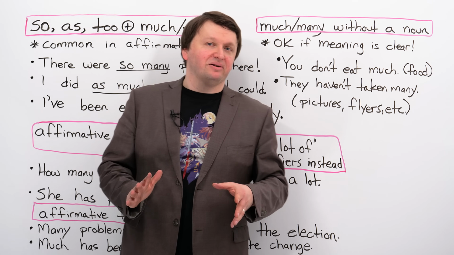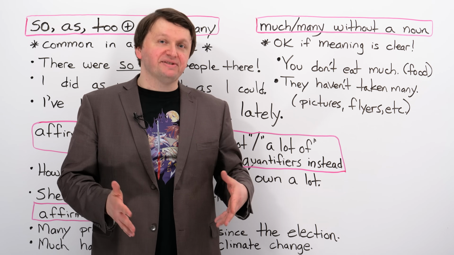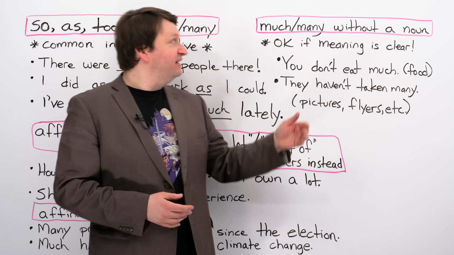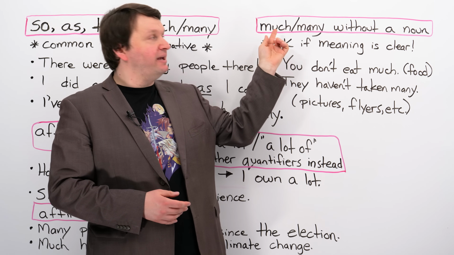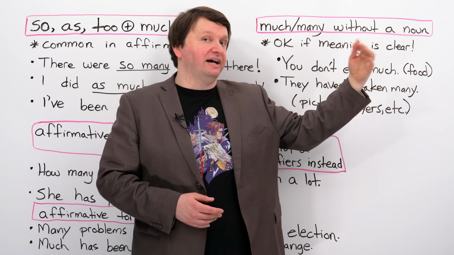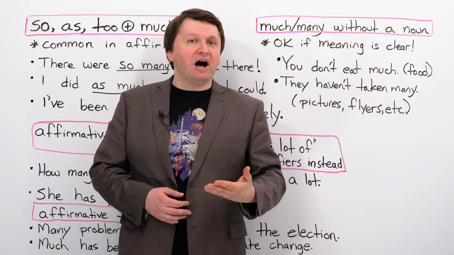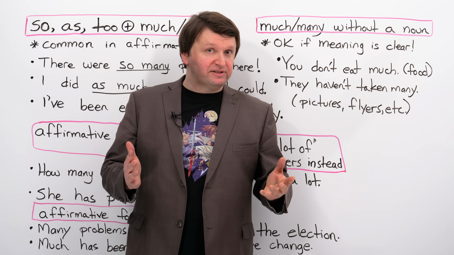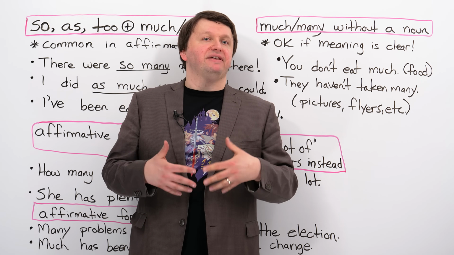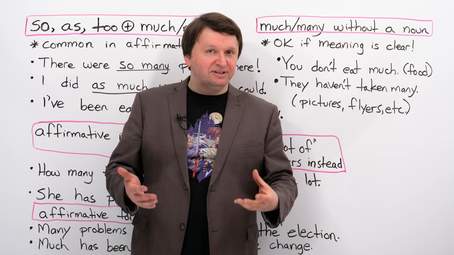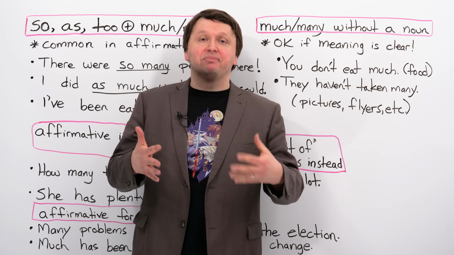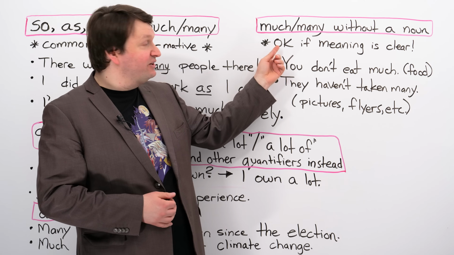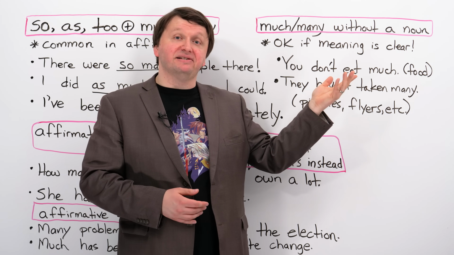Okay, now I want to look at some more rules, some more situations, specifically using much or many without a noun. So it is possible to use much or many by themselves if the noun is understood, or if the noun is implied, is implicit. So it's okay if the meaning is clear.